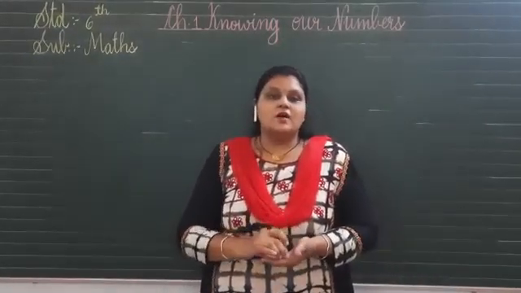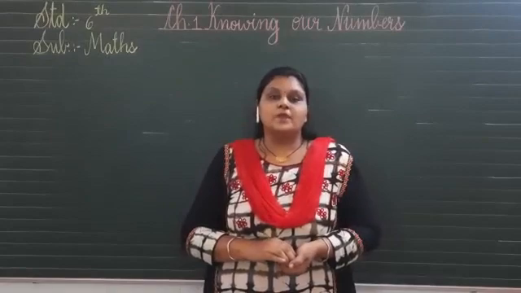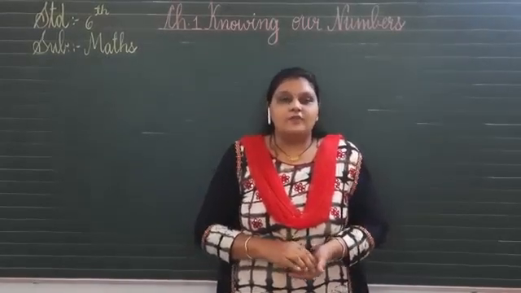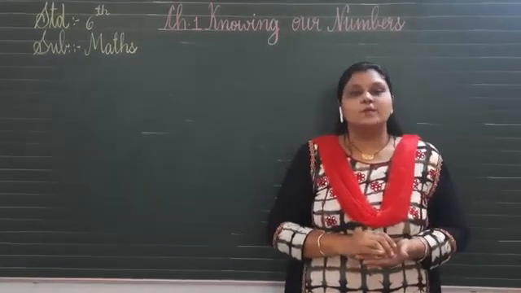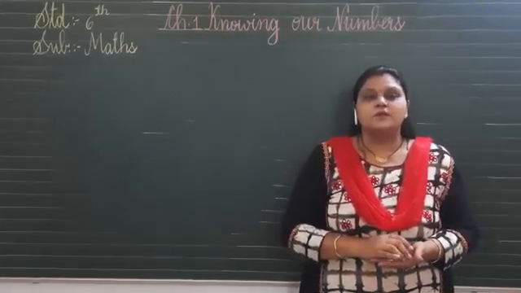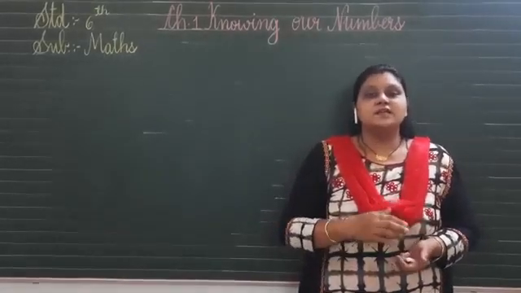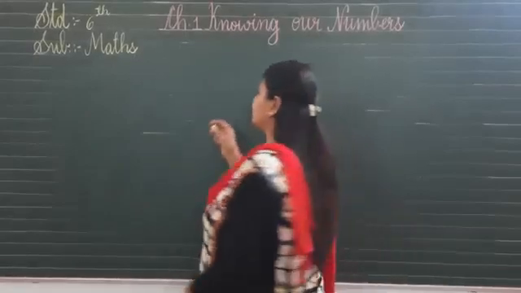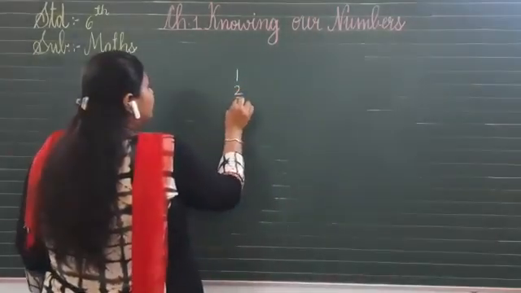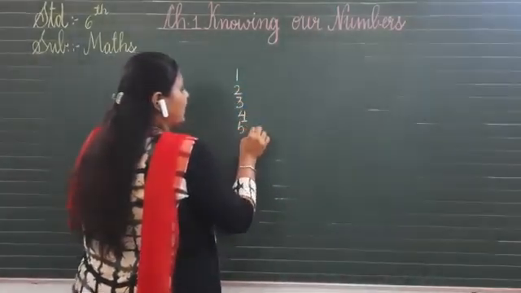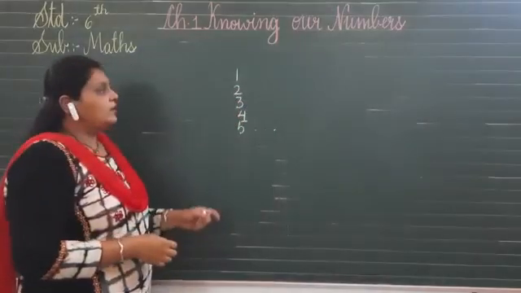So first, what is a number? In day-to-day life we are using numbers. But what do you mean by numbers? A number is made of digits. Say 1, 2, 3, 4, 5 and so on. Right?